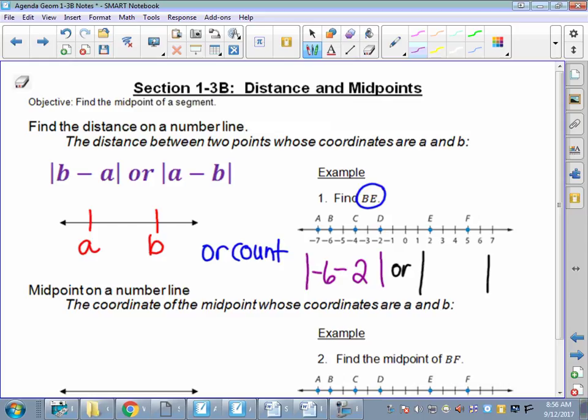The coordinate of E minus the coordinate of B. Notice either way it goes, you get an 8 or a -8, but of course everybody knows what happens when you take the absolute value. We just care about how far it is from 0, basically, so 8 units.